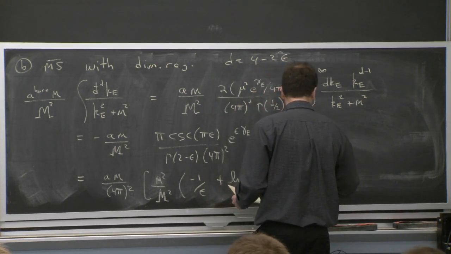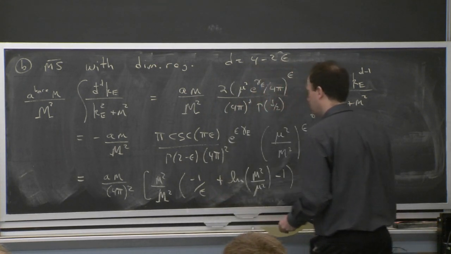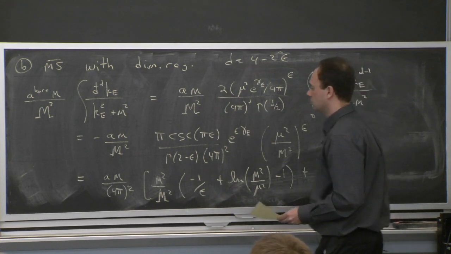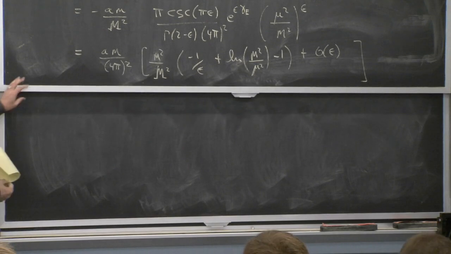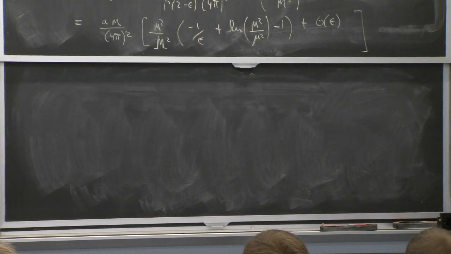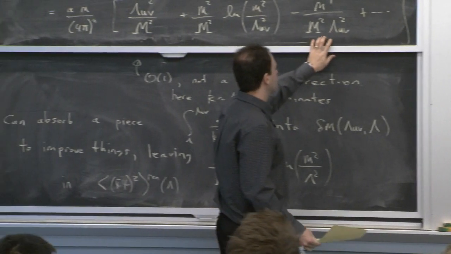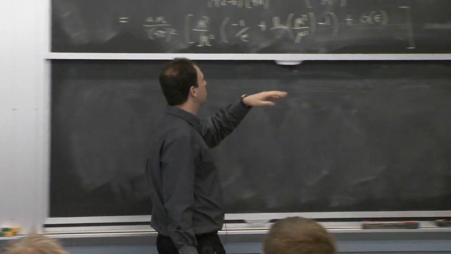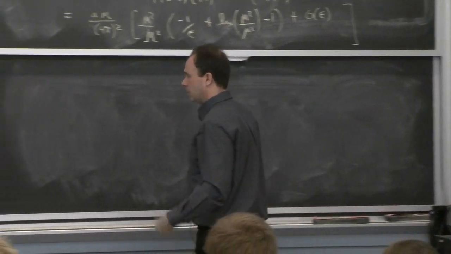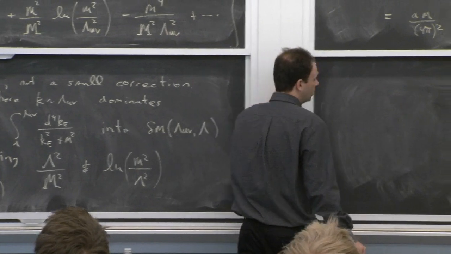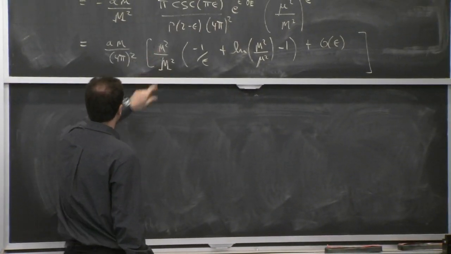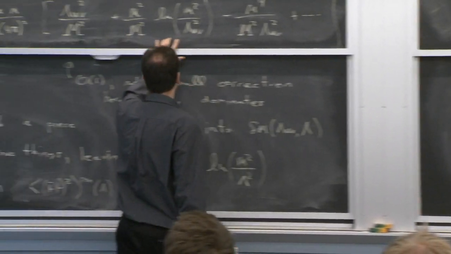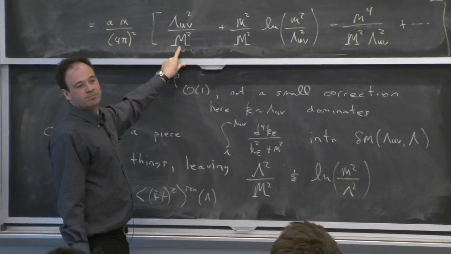And then there's order epsilon pieces. So you should contrast this result here with the result we had over here. The order epsilon pieces are kind of like these terms. They're the terms that would go away if I took the cutoff lambda UV to infinity, or epsilon to 0. There's terms here that go like m cubed over M squared. That's like this term. And this term's not there.